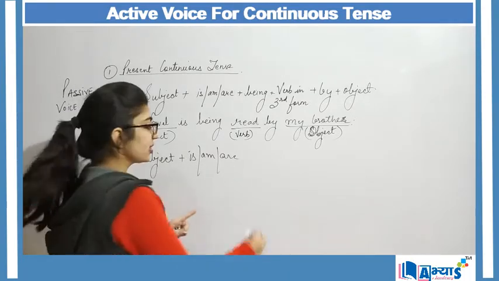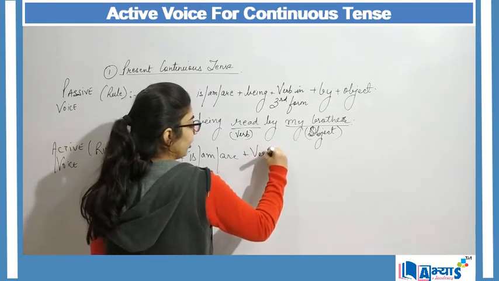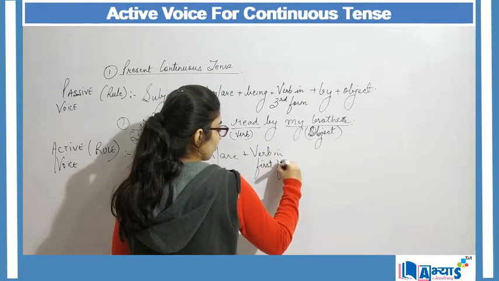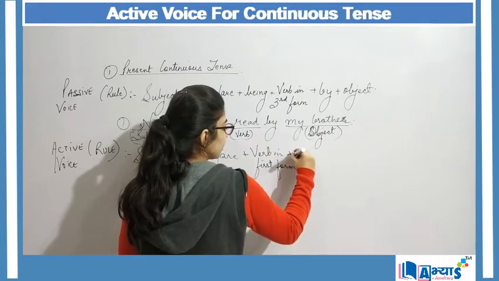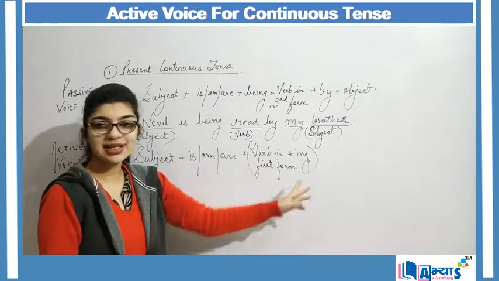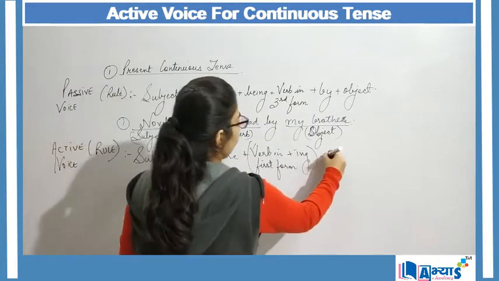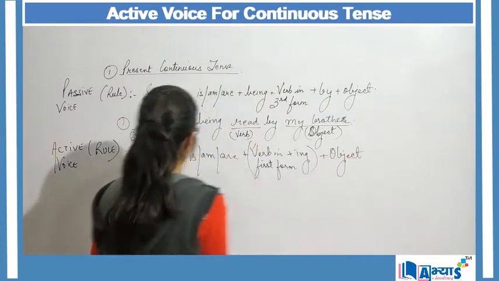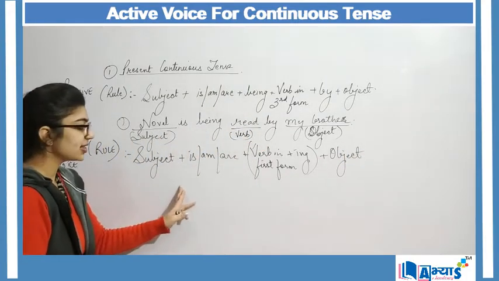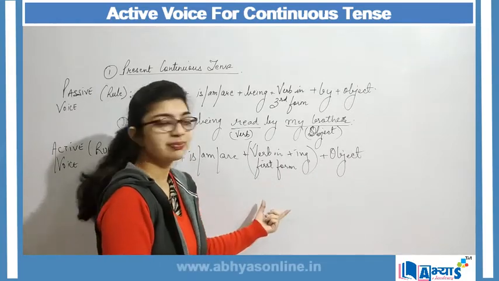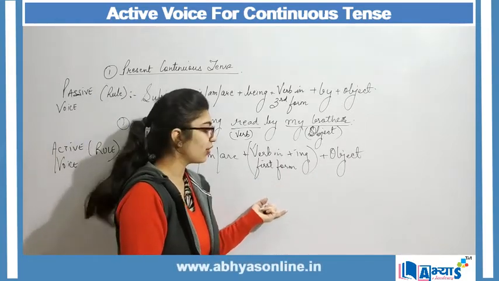For continuous, it is verb in first form plus ing and my object. Subject plus is, am, are plus verb in first form plus ing because this represents my continuous form, followed by my object.